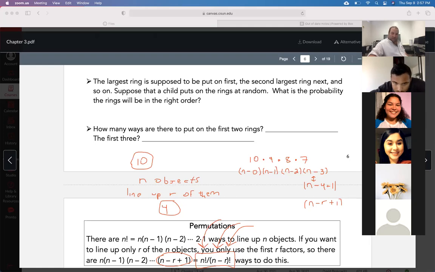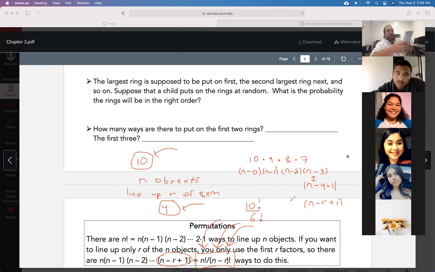This formula right here, if n is 10 and r is 4, what is this? N factorial divided by n minus 4. What is n? 10. N is 10. And 10 minus 4 is? 6. So it's 10 factorial divided by 6 factorial.